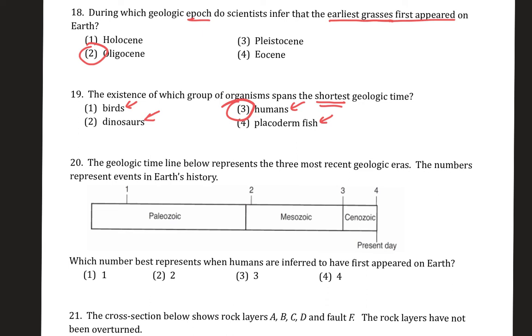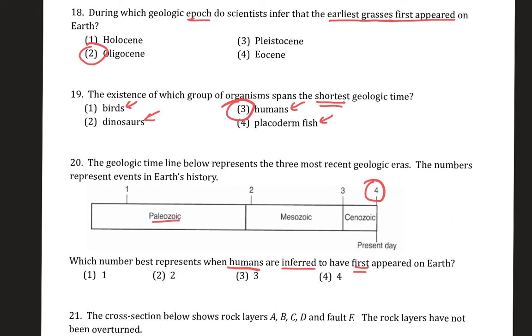Okay. Number 20, the geologic timeline below represents the 3 most recent geologic eras. The numbers represent events in Earth's history. Which number best represents when humans are inferred to have first appeared on Earth? So we just looked at this and we noticed that it was all the way at the top of our time scale, right? And if we take a look at the reference tables, it should be number 4.